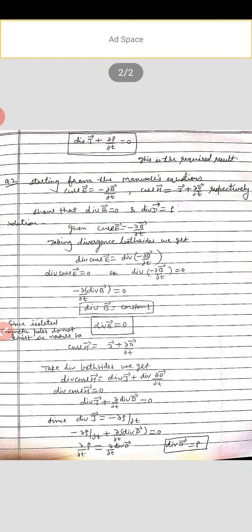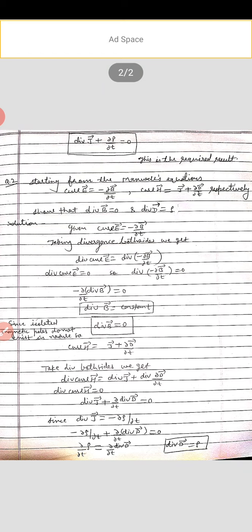Now, we are given curl E is equals to minus del B by del T. Now take divergence on both the sides of the above equation, we get divergence curl E is equals to divergence minus del B by del T, and we know that divergence curl of any vector is equals to 0. So divergence curl E is equals to 0. So we get divergence minus del B by del T is equals to 0.